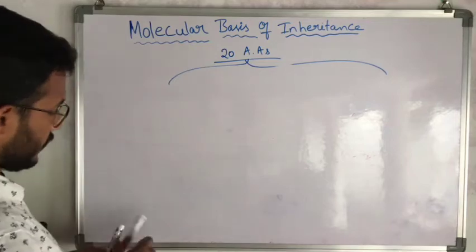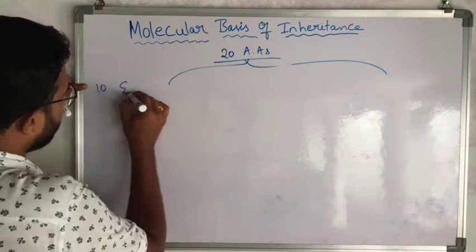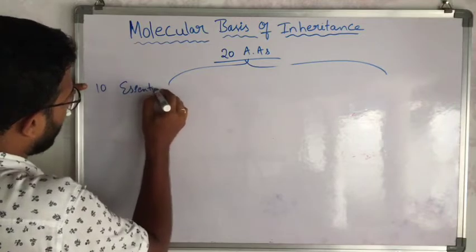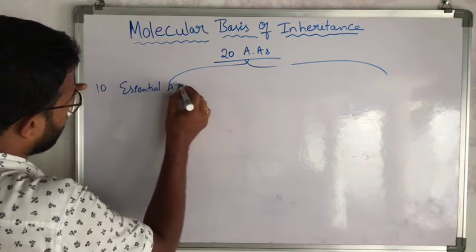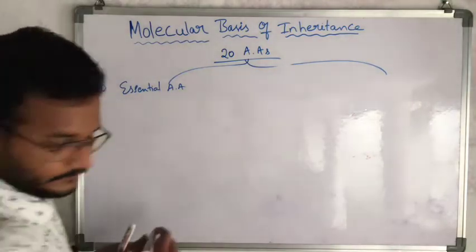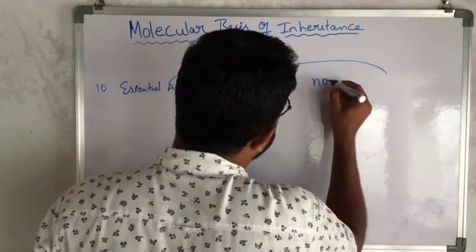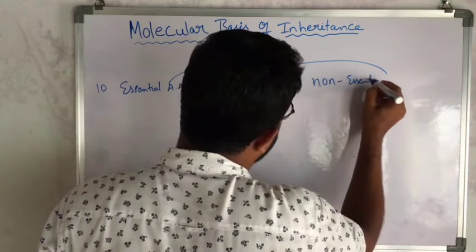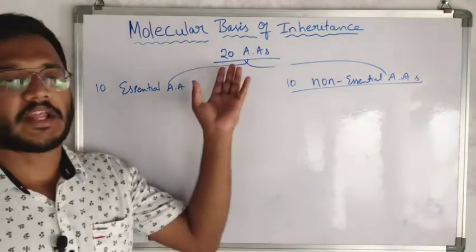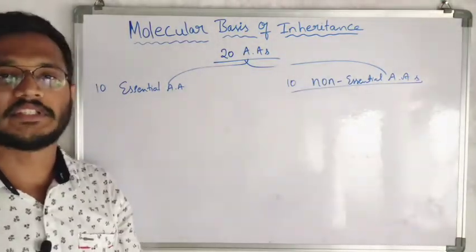Now, what are those? Out of 20 amino acids, 10 are essential amino acids and 10 are non-essential amino acids.